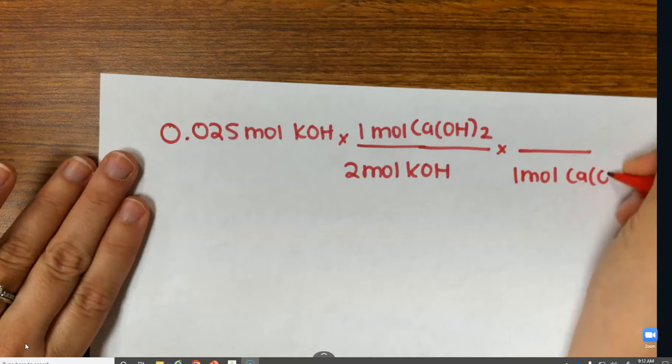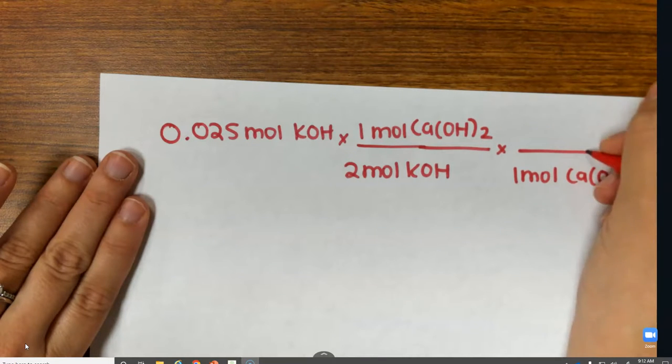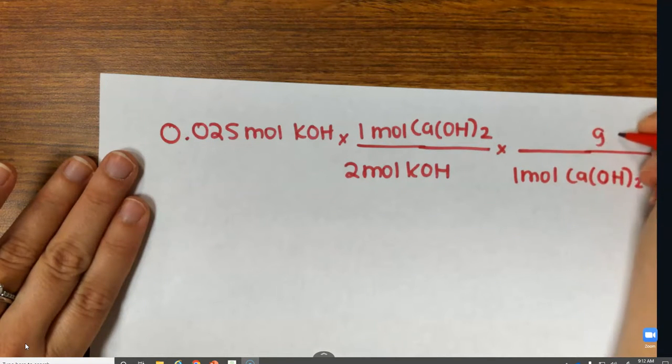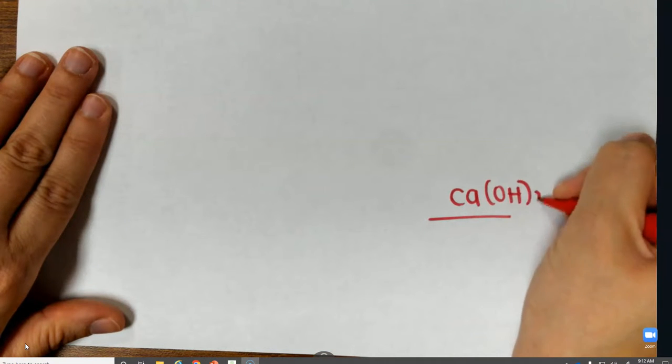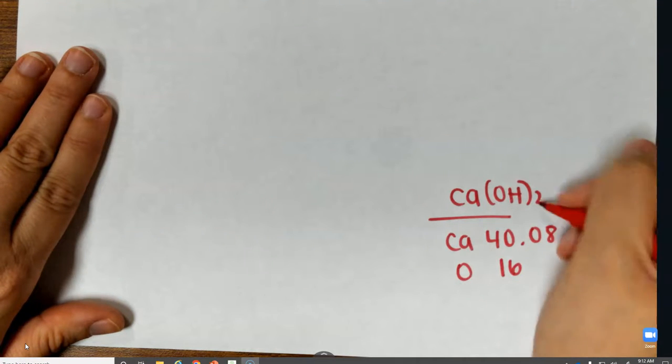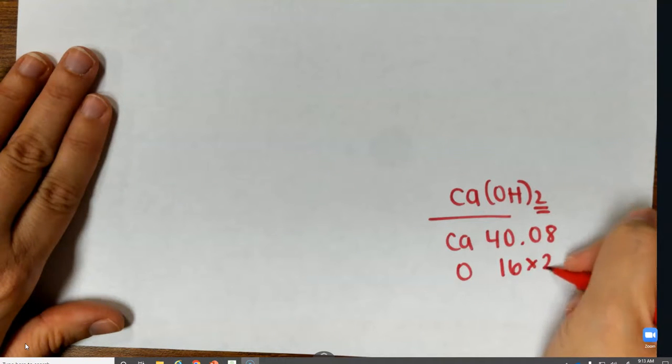1 mole of Ca(OH)2. And to find its grams, you do need to go to your periodic table. And I'm going to do that math off to the side down here. So when I go to the periodic table, calcium has a mass of 40.08. Oxygen has a mass of 16, but there are 2 oxygens, so I've got to double that.